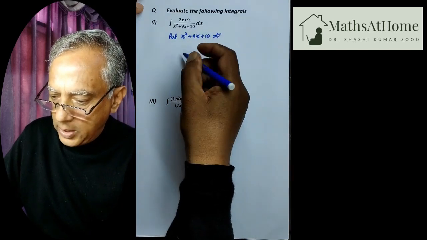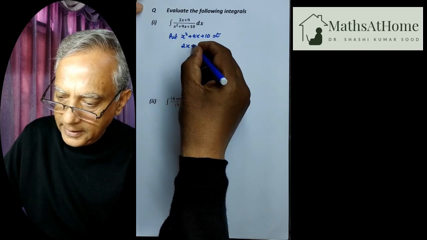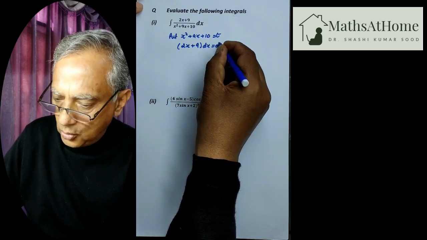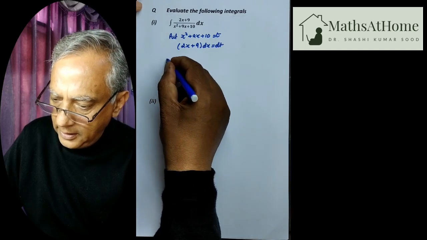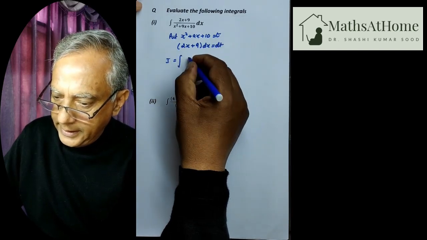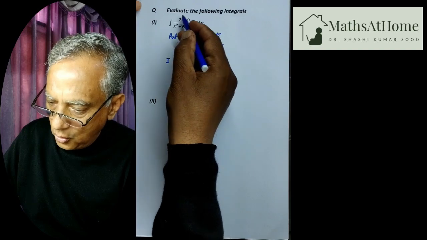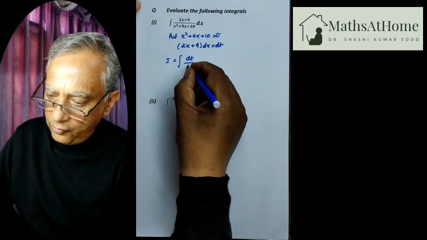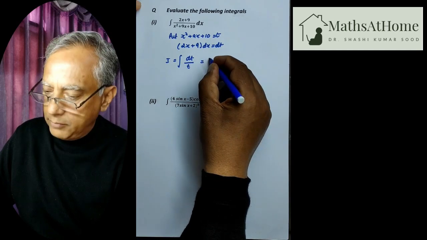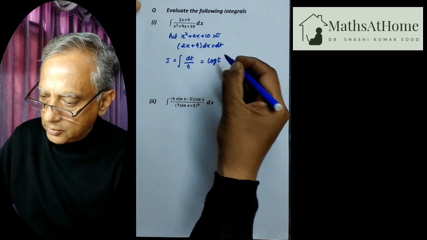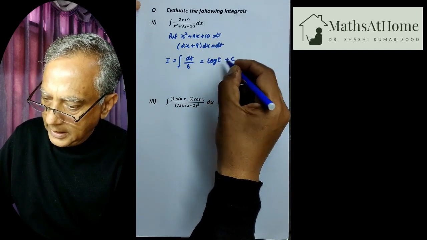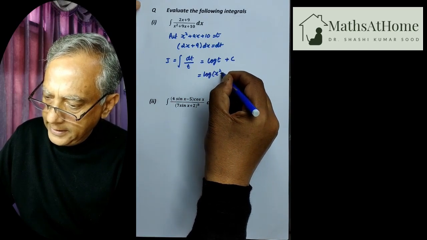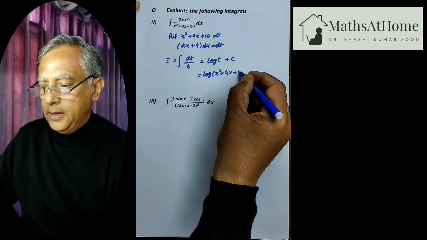So this will be 2x plus 9 into dx is equal to dt. So I can be written as integral dt over t. So now this is log of t plus c. This is equal to log of x square plus 9x plus 10 plus c.